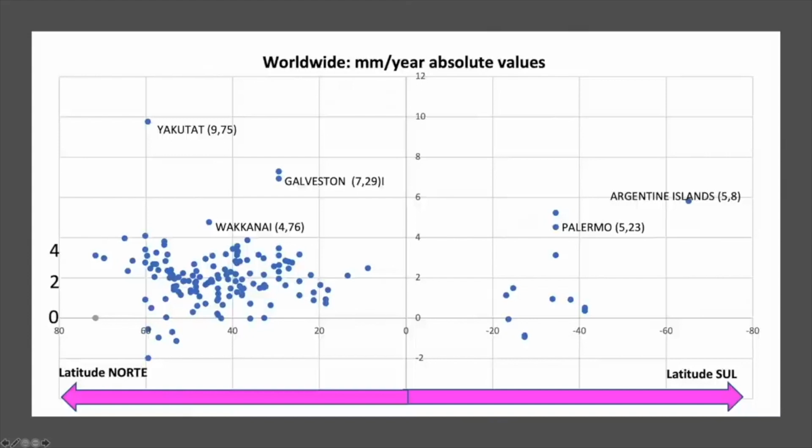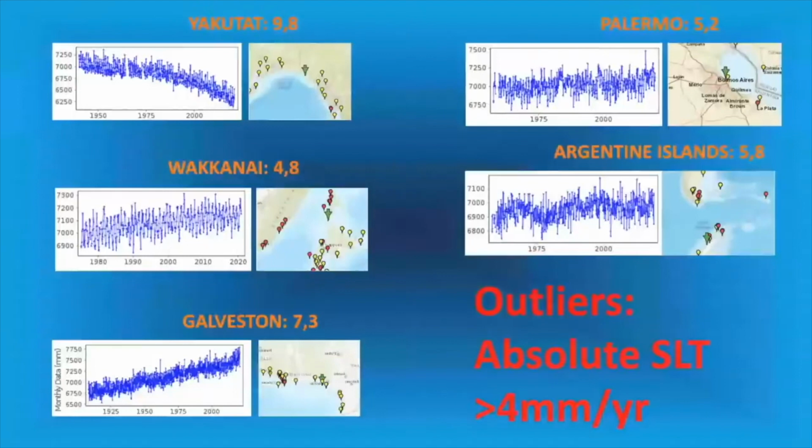But the average of these is about 2 millimeters per year of absolute sea level rise. Here you can see the outliers that can be studied. It is very irregular, all these situations, and they are the places where the absolute sea level trend is more than 4 millimeters per year.